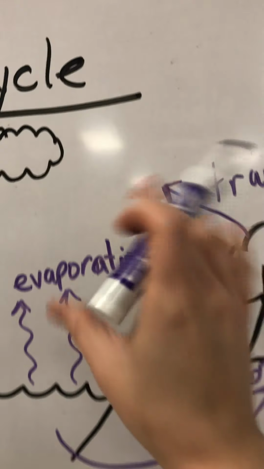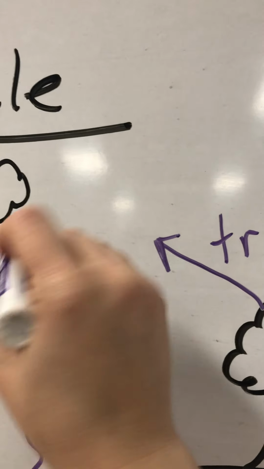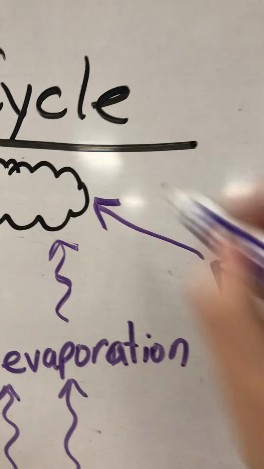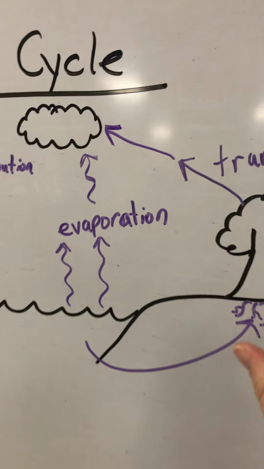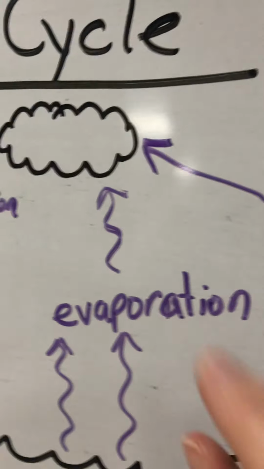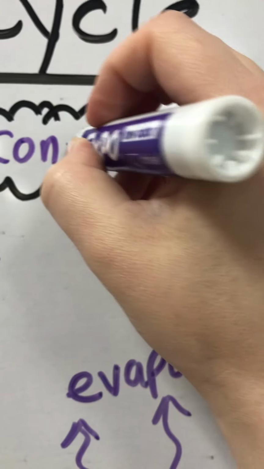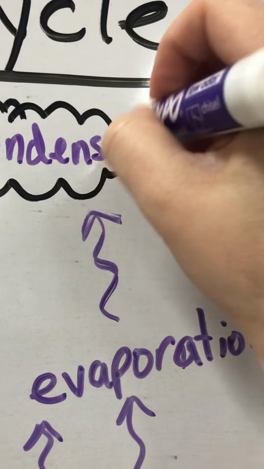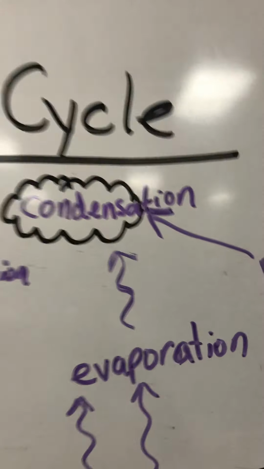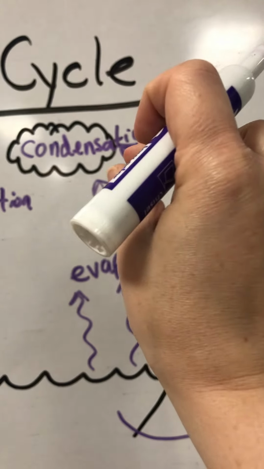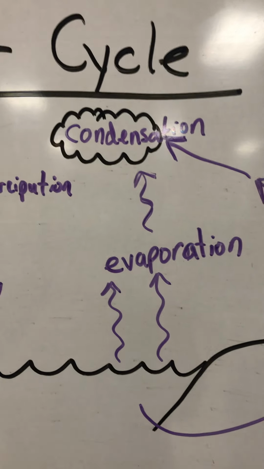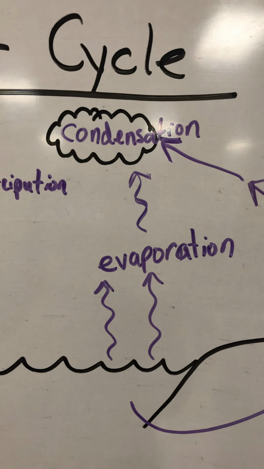Now, when these two things, I'll draw this squiggly line here and continue this one going up to the cloud, get up in our atmosphere to form clouds, we call that condensation. Because what's happening is this gas form of water is turning back into droplets of water, which is a liquid form.